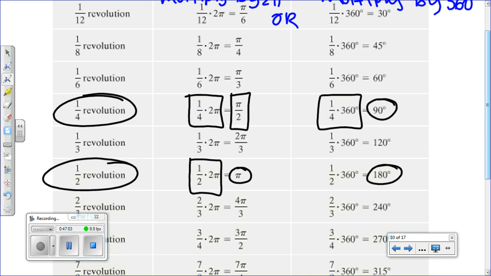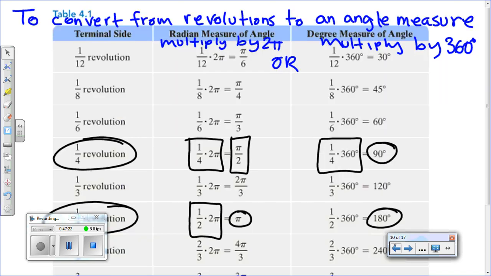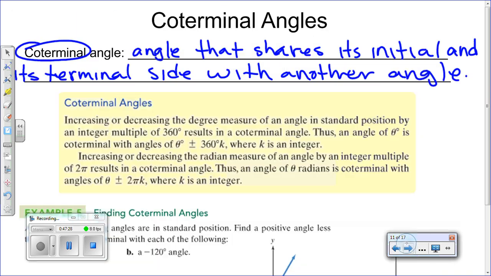So is that clear? To go from revolution to degree. Now, once we get to the angular velocity that we're waiting for, it's very important that before we calculate that, we go from revolutions to degrees or radians first, okay? But we'll get to that in a minute.